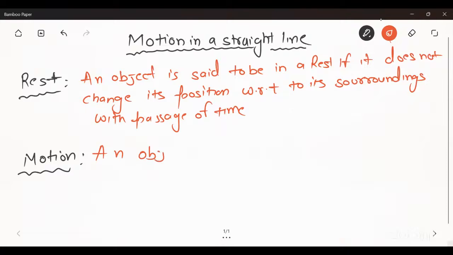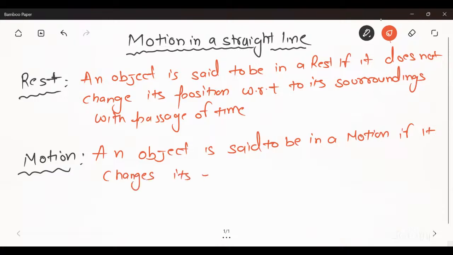An object is said to be in motion if it changes its position with respect to its surroundings with the passage of time.